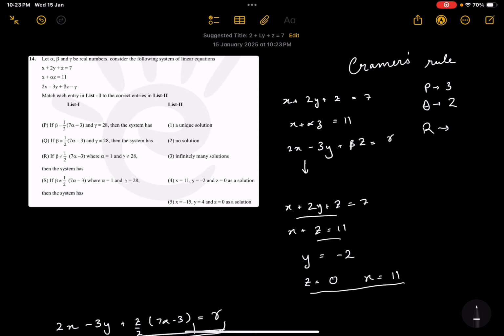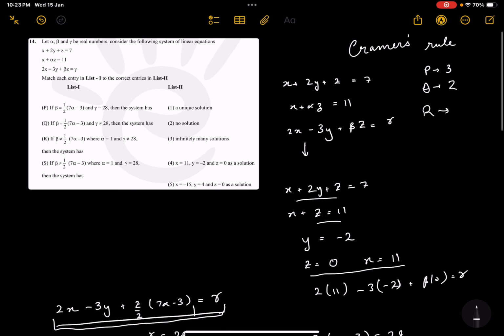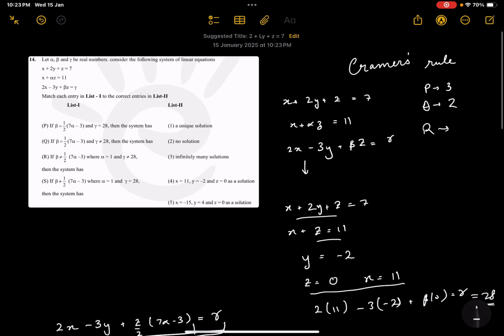And putting these values in the third equation, we have 2 times 11 minus 3 times minus 2 plus beta times 0 equals gamma. So this comes out to be 28. So if gamma is 28, then the system of equations will have the fourth option as the answer.